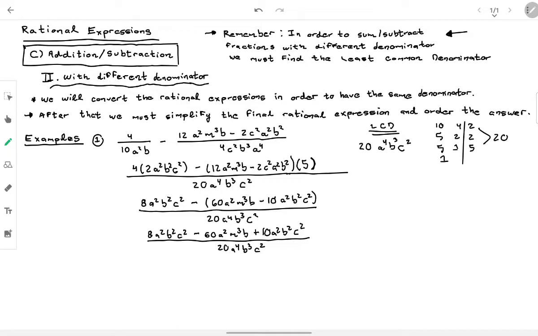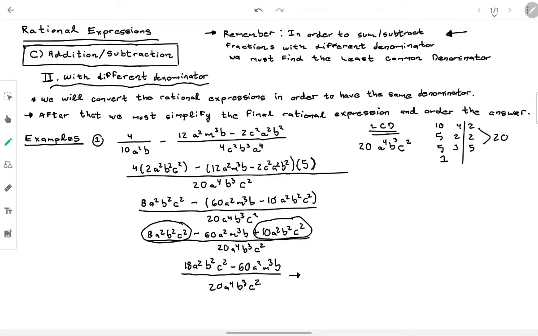After this, we can look for those terms that are common to make like term simplification. These 8 and these 10 have the same letters and the same powers, so they can be added. And it's going to be 18 A squared B squared C squared minus 60 A squared M cubed B, all of it divided by 20 A to the 4 B cubed C squared.